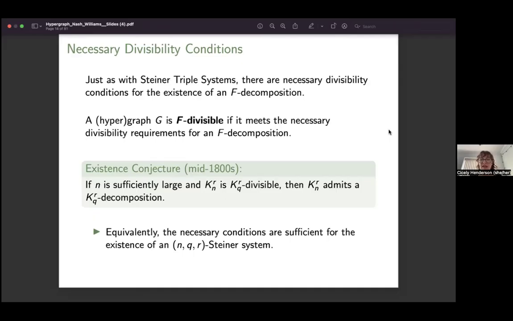Or equivalently, the necessary conditions are sufficient for the existence of these (n,q,r) Steiner systems. So in some sense, Kirkman's results on Steiner triple systems aren't special to triangles. Really, this should be true for any choice of parameters.